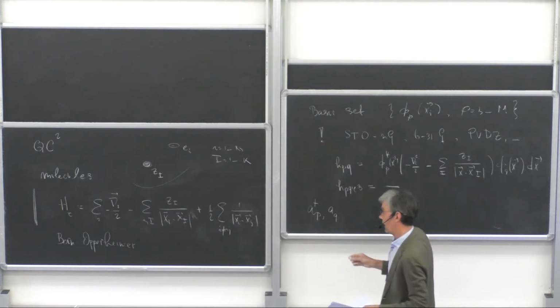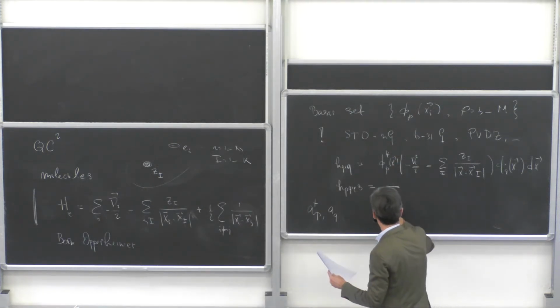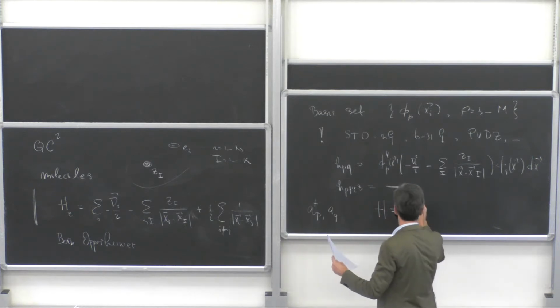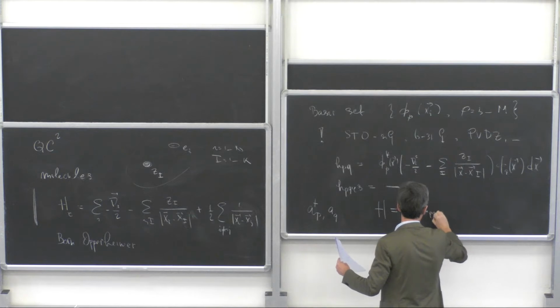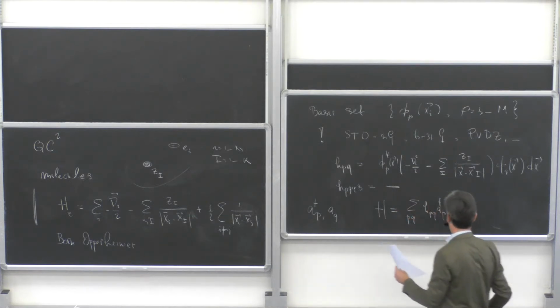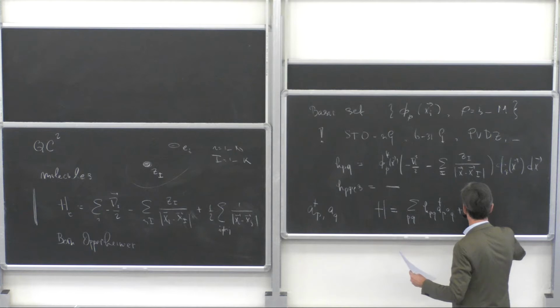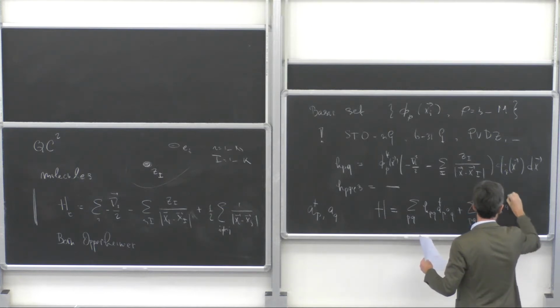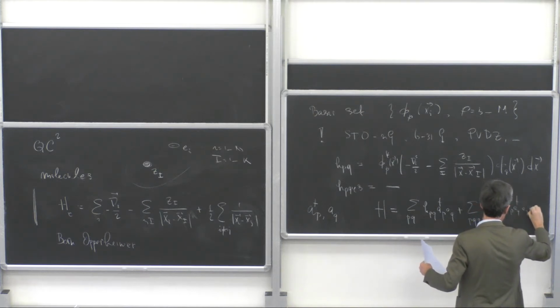And if you've done all that, I guess you will agree with me, the Hamiltonian takes on a form which is a lot simpler now. It looks like sum over PQ, H_PQ, a dagger p a_q, plus quartic term sum over PQRS, H_PQRS, a dagger p, a dagger q, a_r, a_s.